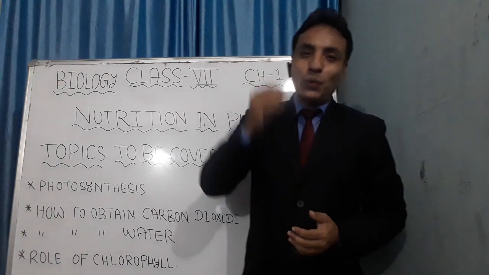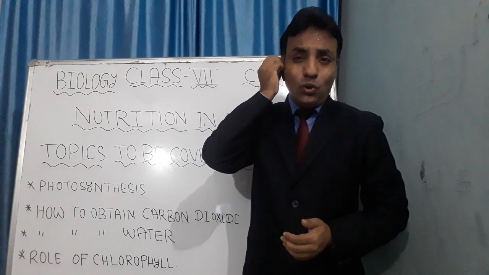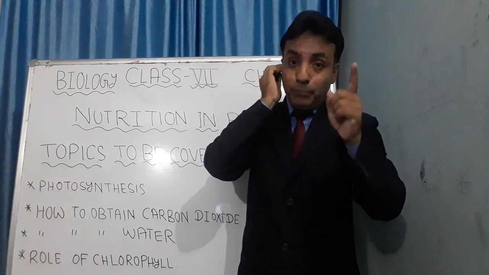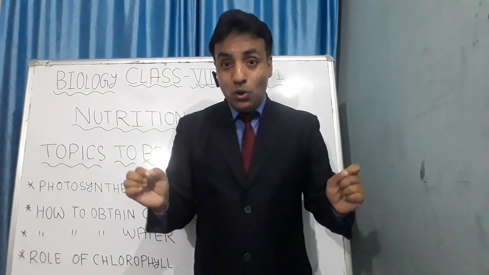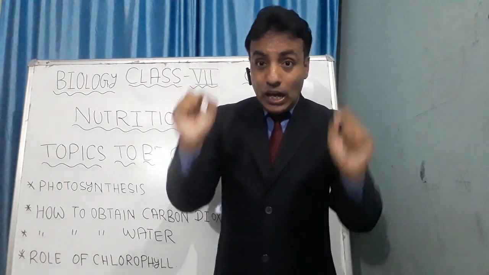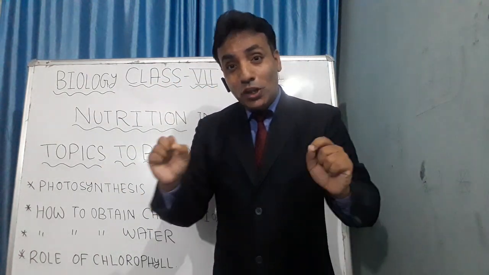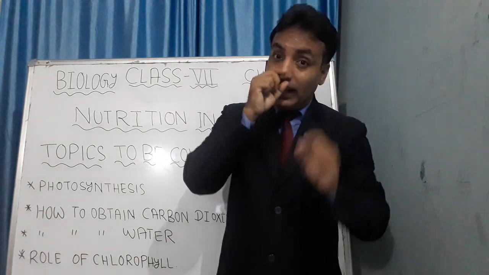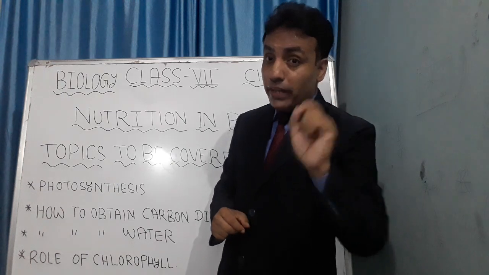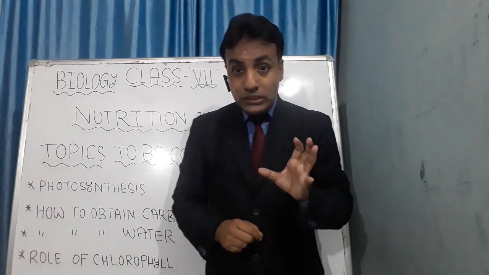Third point, what is chlorophyll? You know chlorophyll. The green pigment found in the leaves is known as chlorophyll. We know plants are autotrophs, and that is because of the chlorophyll only, because this chlorophyll is very important. It is a green pigment, a chemical found in the leaves. What is the work of this chlorophyll?